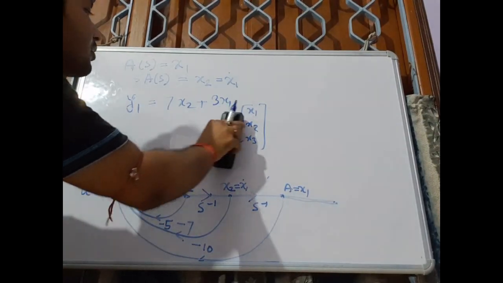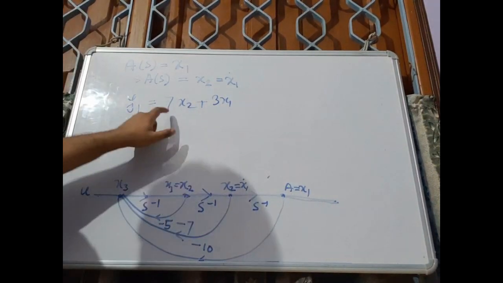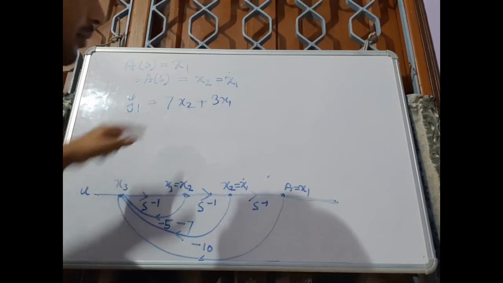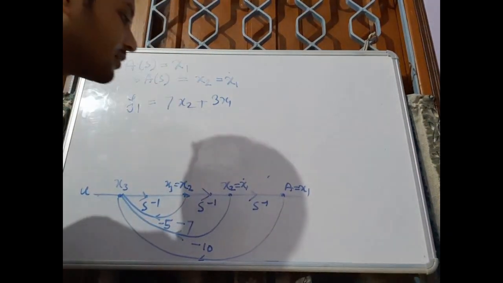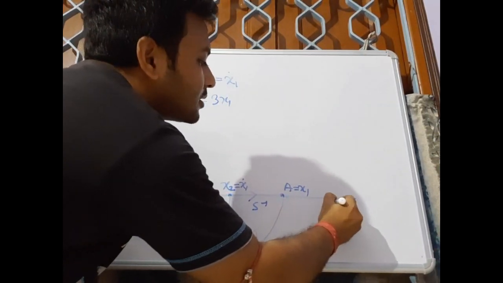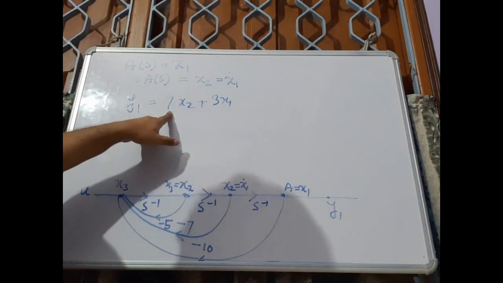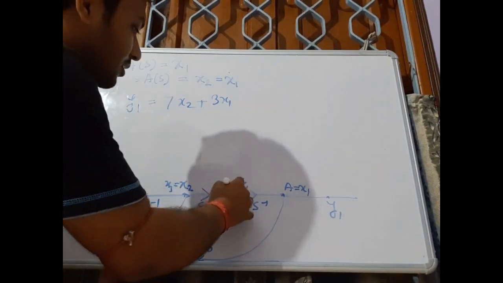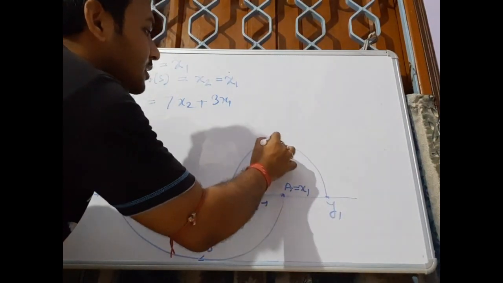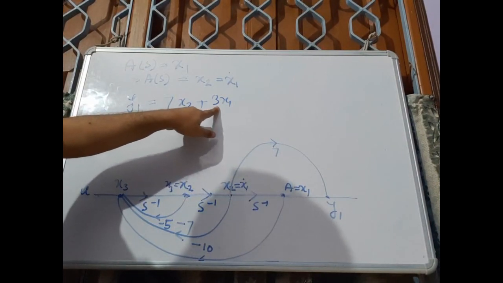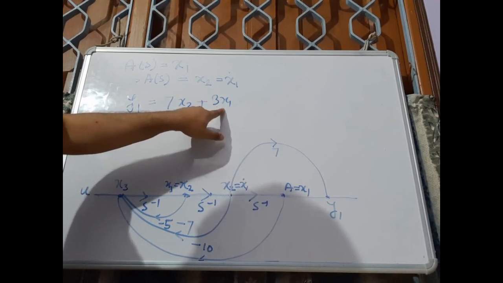Now if I include this part here, we have to just put a node here. Say this is your y1, y1 is equal to 7x2, so this is x2, so we have to multiply this by 7, and this is 3x1, right?